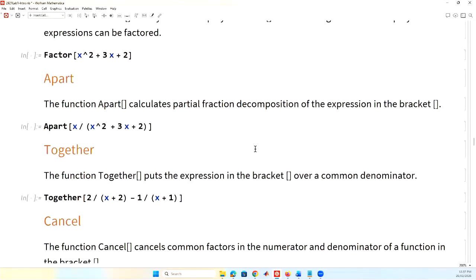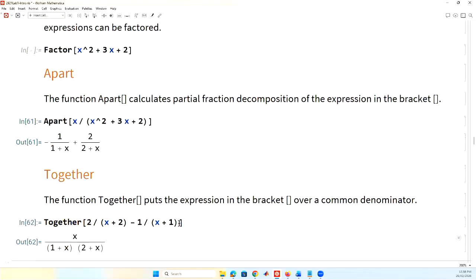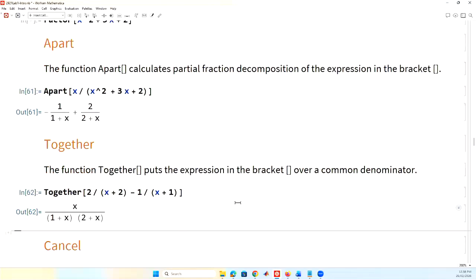Expand, Factor, Apart and Together. I can never remember these two commands. I have to look this up every single time. Apart gives you your partial fraction decomposition. Weirdly useful. Together undoes that. I've never used the command Together in my life except right now. So, very useful, never useful.